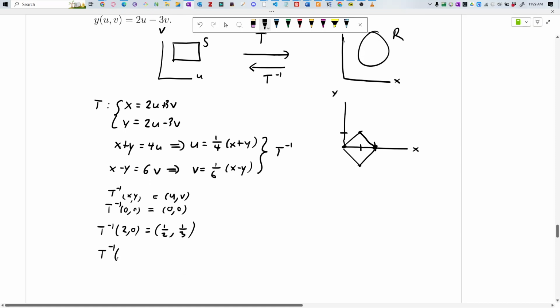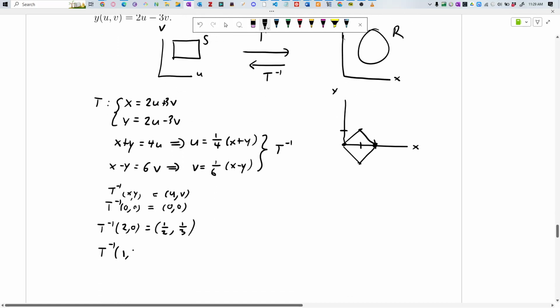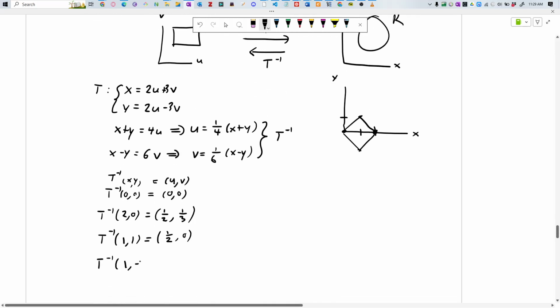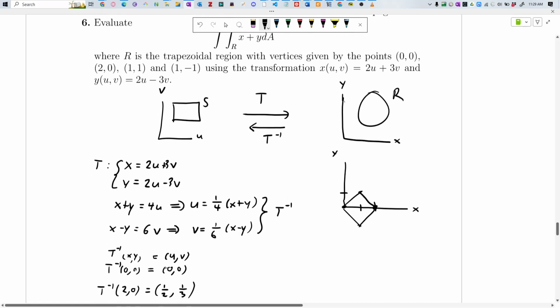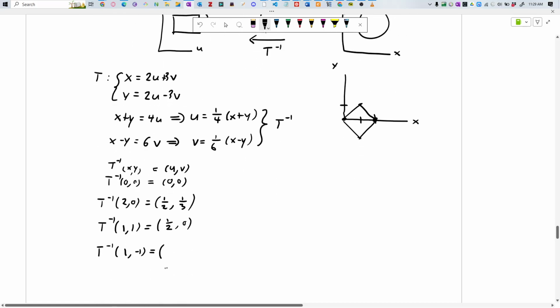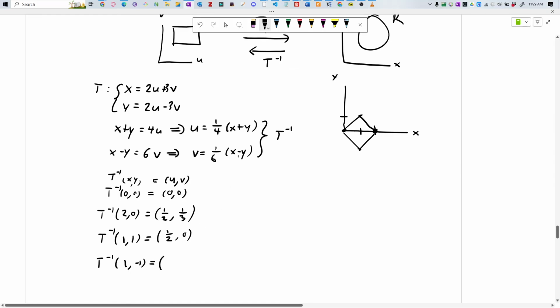If we supply 1, comma 1, then u is 1/2, v is 0, and if we supply 1, comma -1, plugging it in, so 0 for the u, and for v, this is going to become 2, so we get 1/3.